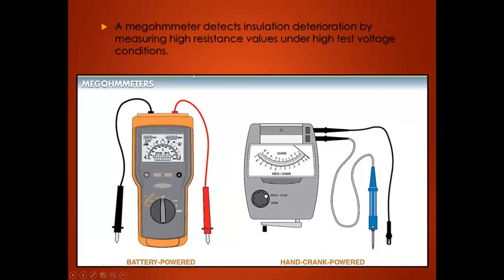A meg-ohmmeter is a device that detects insulation deterioration by measuring high resistance values under high test voltage conditions. So a meg-ohmmeter, or megger for short, is a device used to test insulation on motor windings, transformer windings, things like that.